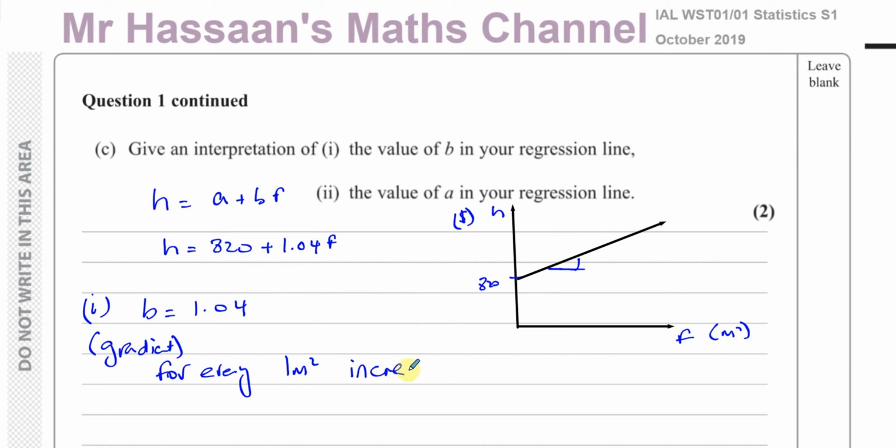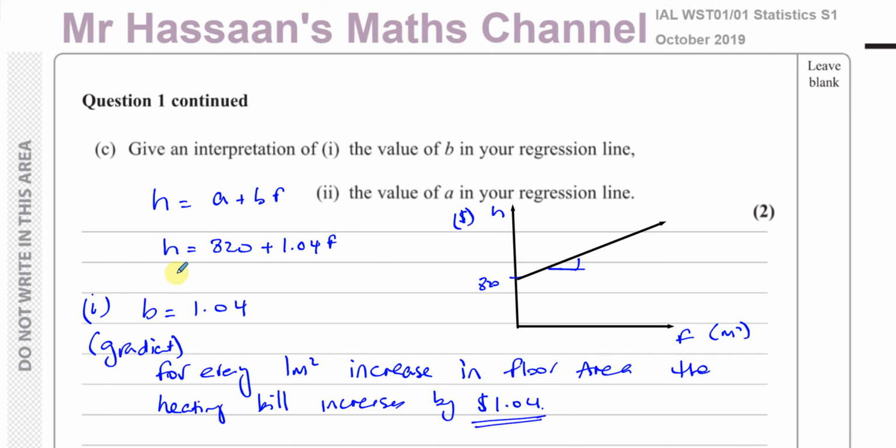So for every 1 meter squared increase in floor area, you have to give an interpretation in terms of the context of the question always. For every 1 meter squared increase in floor area, the heating bill increases by $1.04.